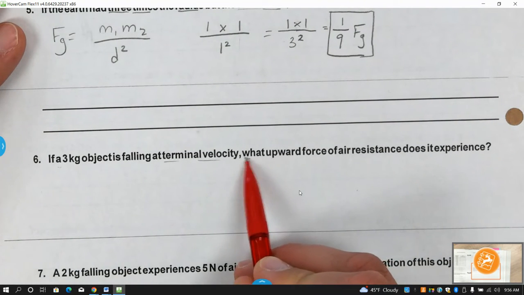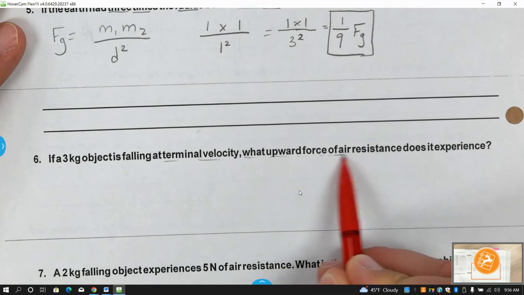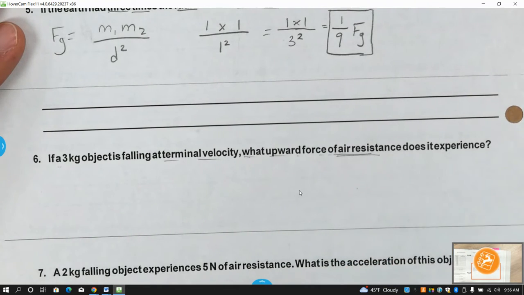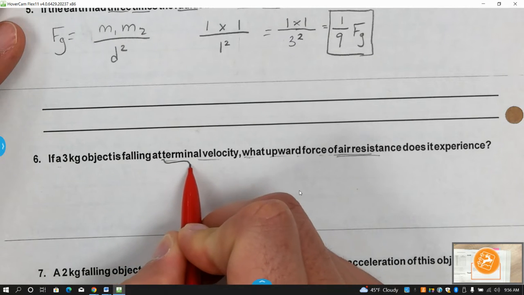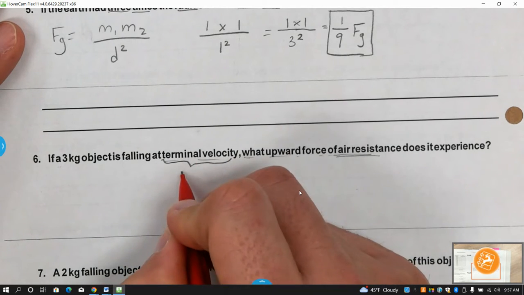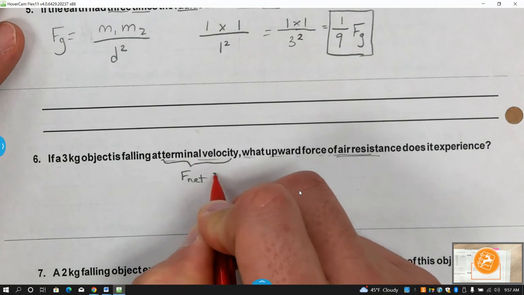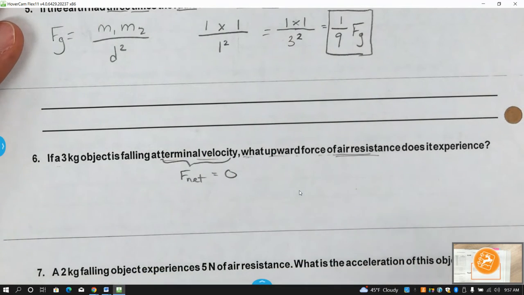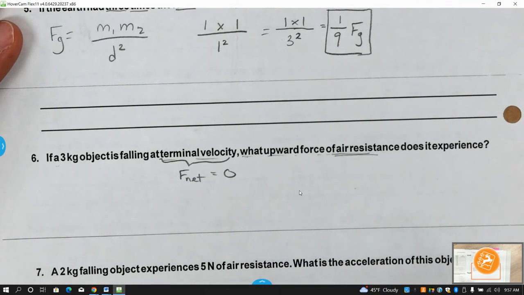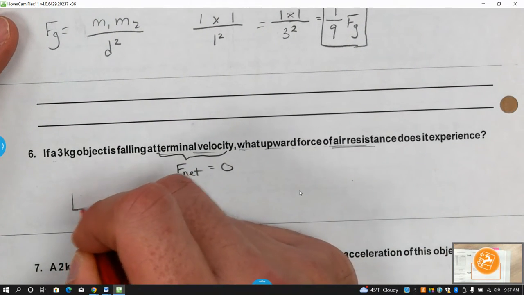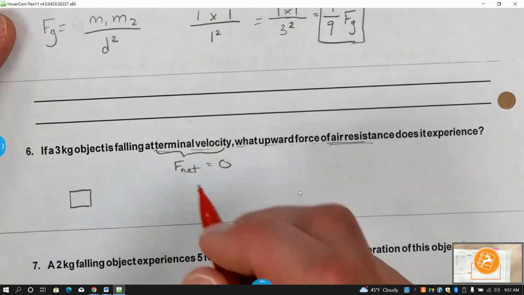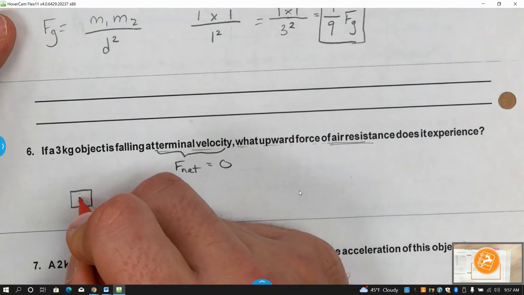So what they're asking is, what upward force of air resistance does it experience? We need to know that terminal velocity means that the net force has to equal 0. So if we draw a quick free body diagram, here's our object.